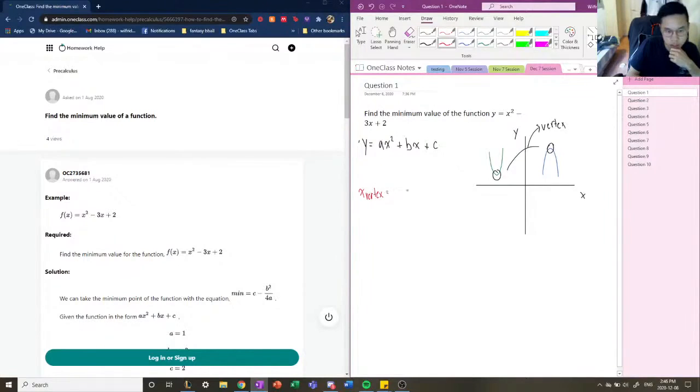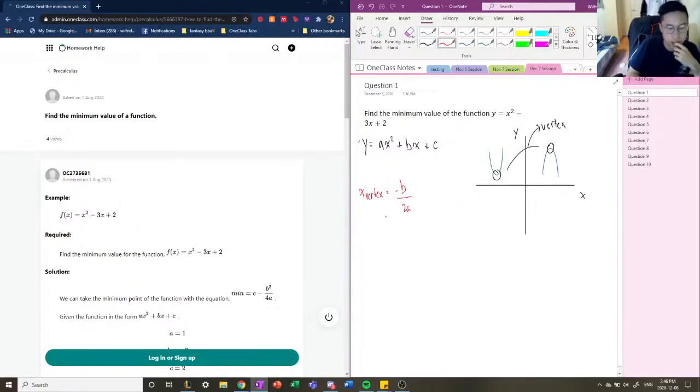So x vertex equals negative b over 2a. So you can do that.